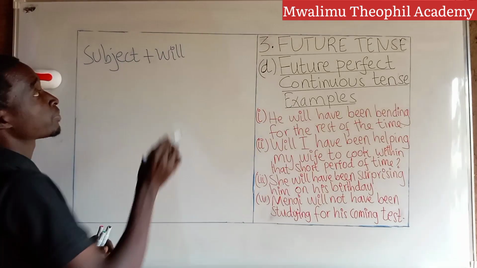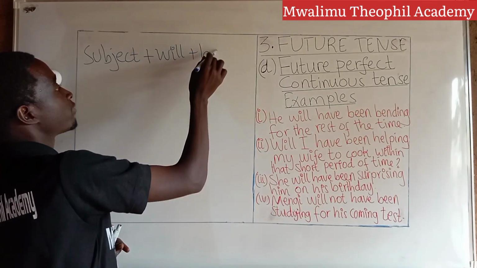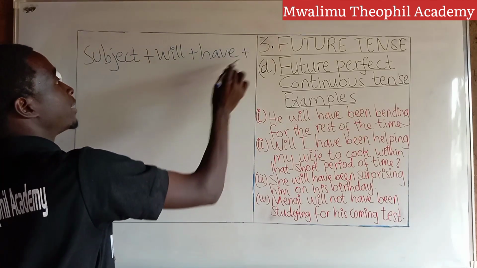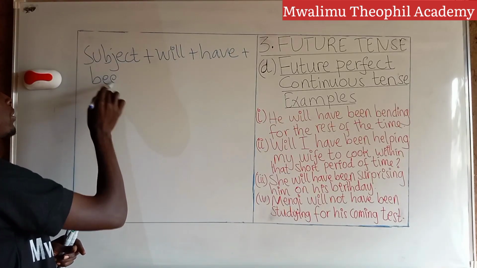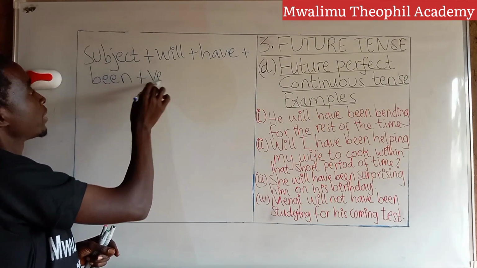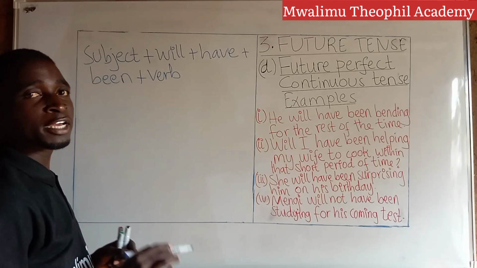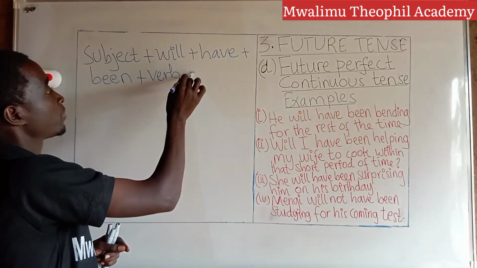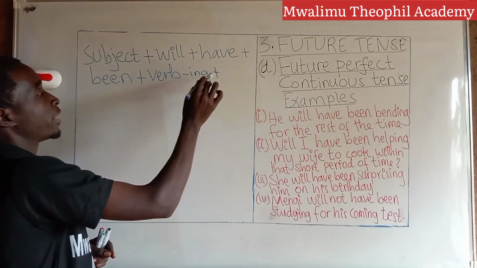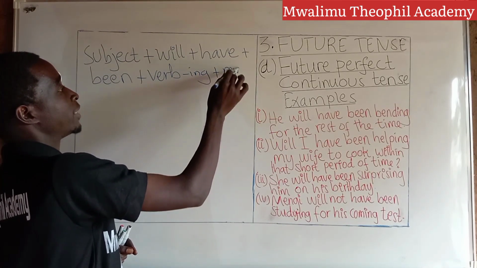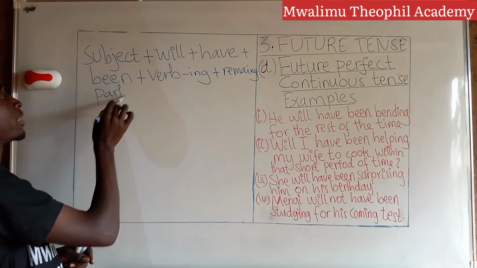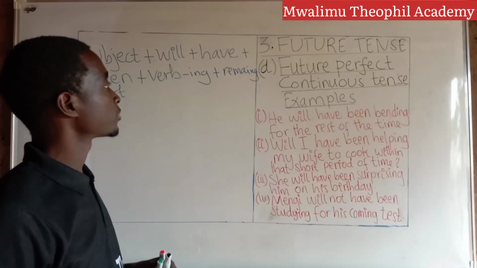After the word will, we add have. After have, we add been. After been, we add a main verb which ends with ing, and lastly, we add the remaining part of the sentence.